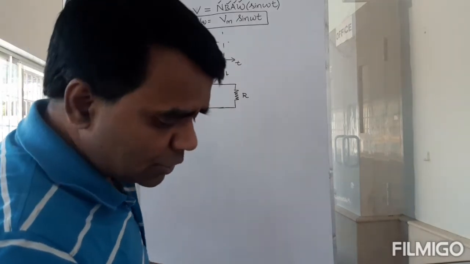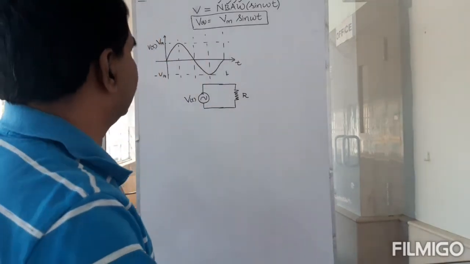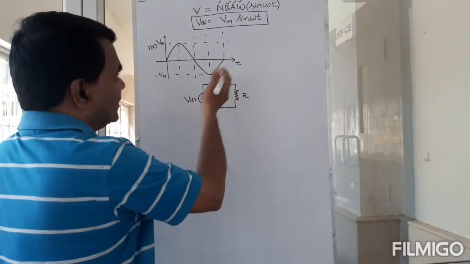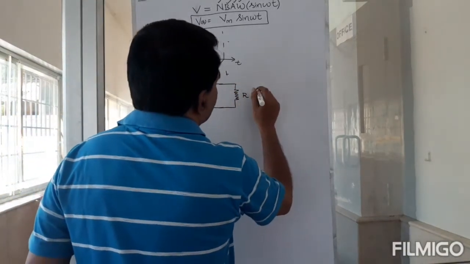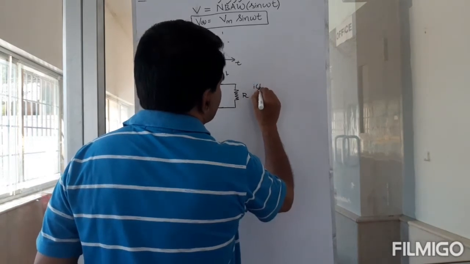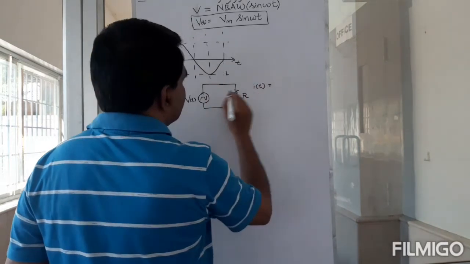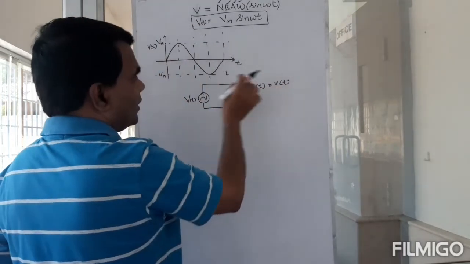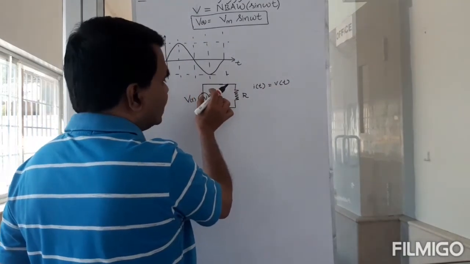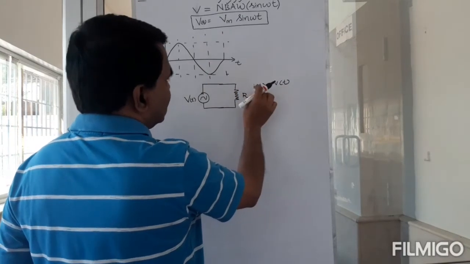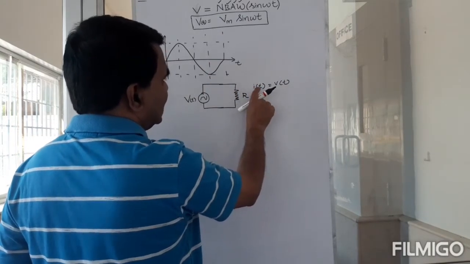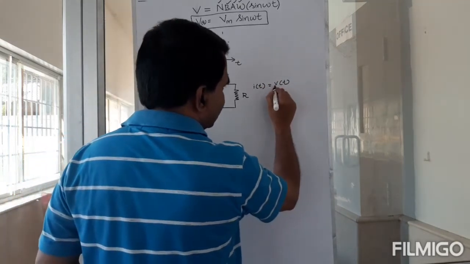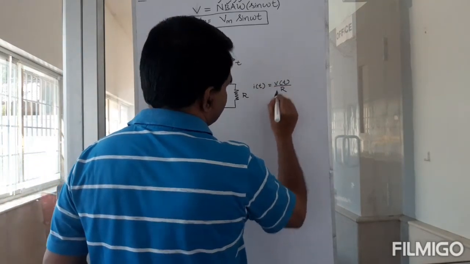Okay. So because the current itself is changing with respect to time, I say that I of t is equal to V of t, that is voltage at any time, divided by resistance. Current at time t is equal to voltage at time t divided by resistance.